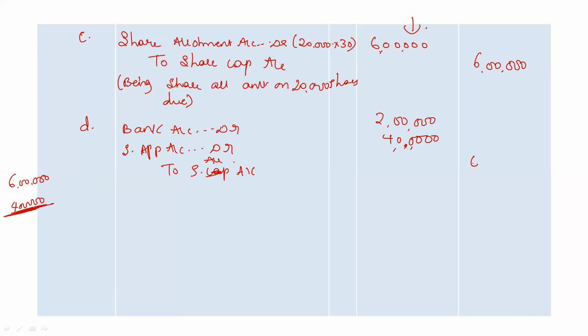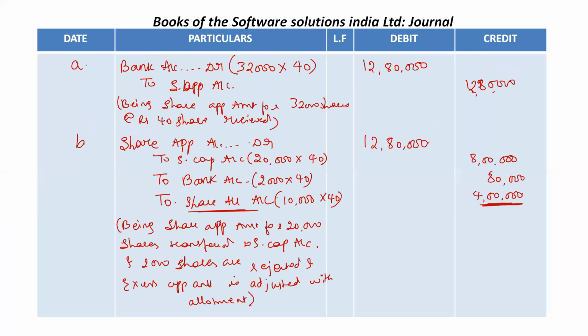Total allotment money was 6 lakh rupees. Out of this, 2 lakh rupees I have received now, and 4 lakh rupees was received during application process. So we can write the narration being allotment amount received. That's enough. This is the allotment entry.